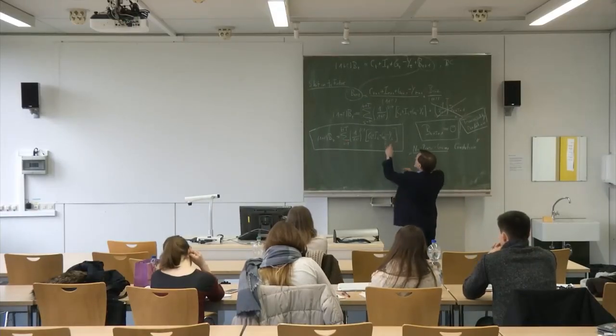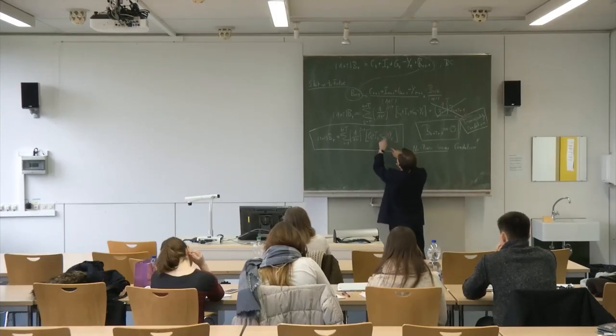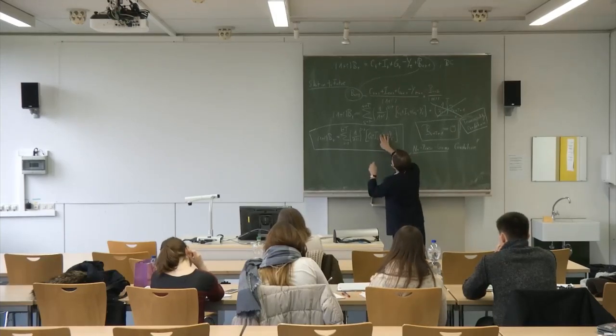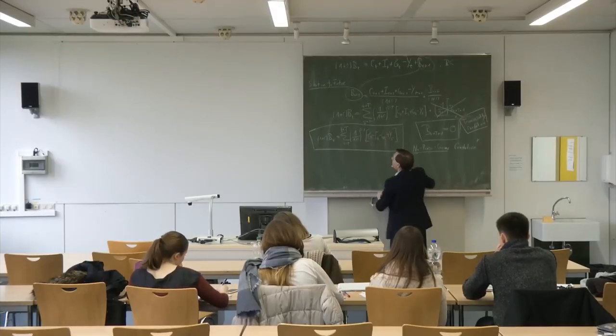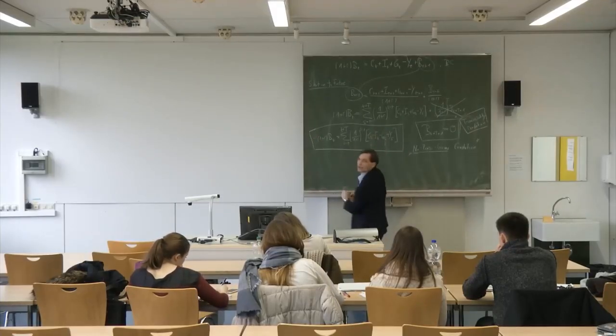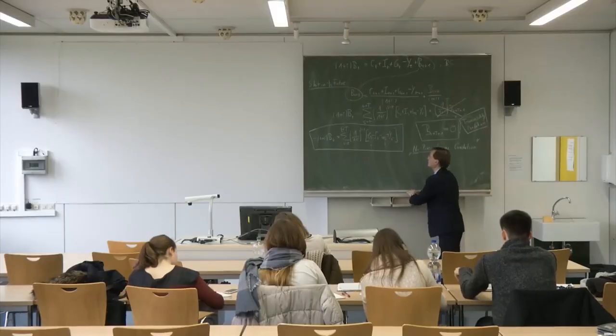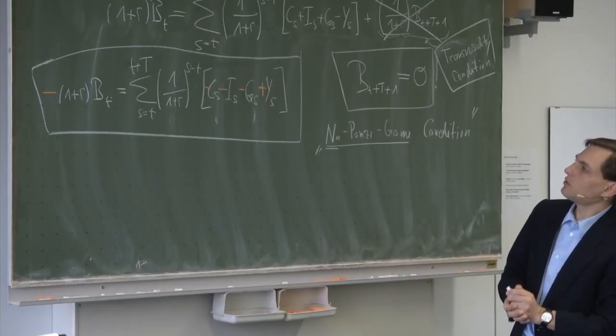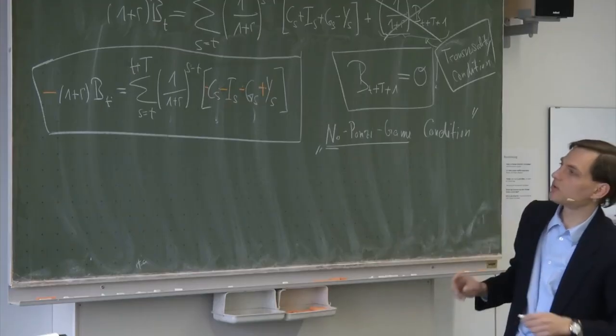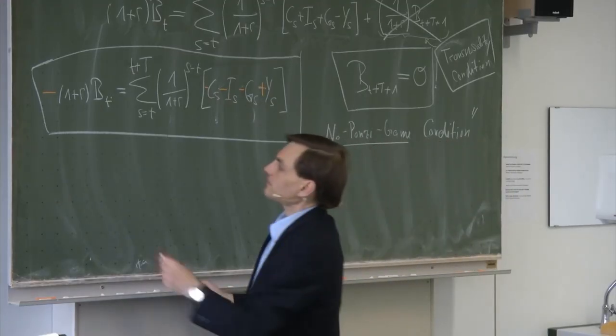Then this gives me a plus, this turns into a minus, this turns into a minus, and we have a minus here. I just multiply this with minus, which is quite easy to do here on the board. And you will see why this makes sense to get a better understanding.